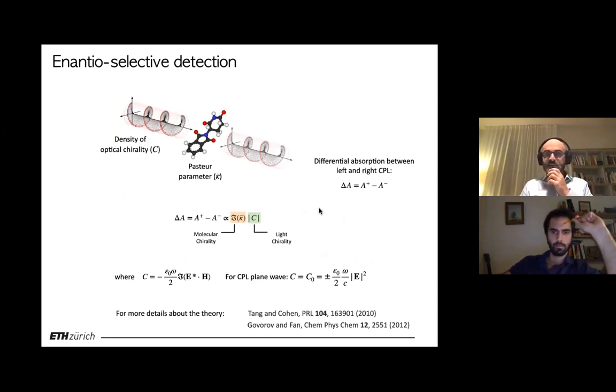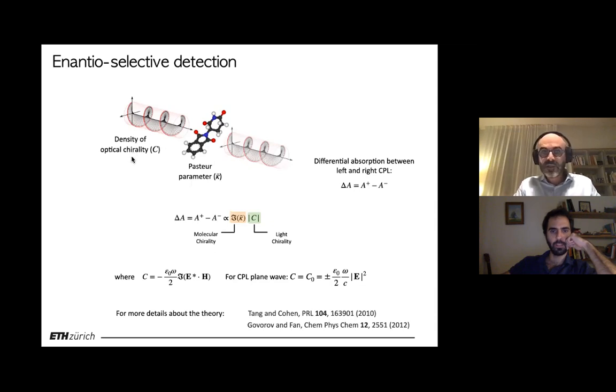To answer this question, I would like us to take a step back and understand a bit how light, or chiral light, interacts with chiral molecules. Let's consider a chiral molecule characterized by what is called the Pasteur parameter, kappa, which is a complex quantity.